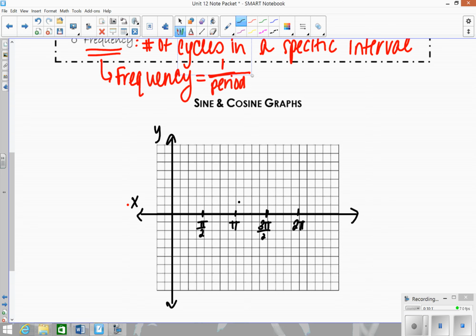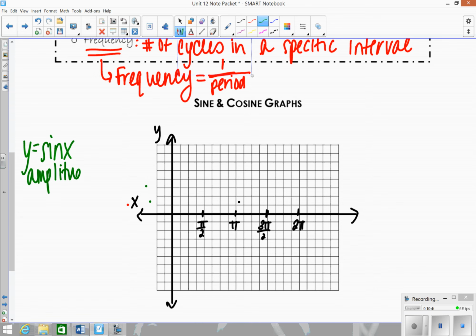When we go to graph the curve y equals sine of x, a couple of things to point out. The number in front of sine is 1. That's always going to be the amplitude. So this graph is going to have an amplitude of 1, meaning the peaks are going to go up to 1 or down to -1. I'm just going to write these things and then we'll look at them for other graphs as well.